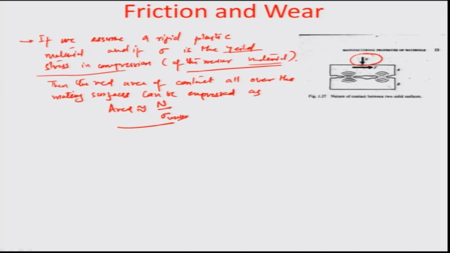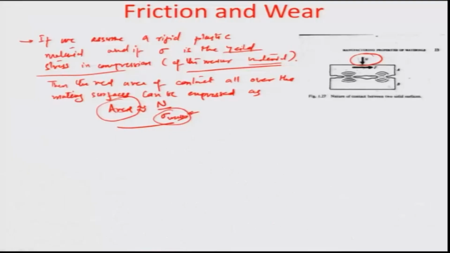That is how you can calculate or back calculate the real area at a certain instance of time. You can assume that this particular sigma is the already reached ultimate yield strength of the weaker material, assuming the weaker starts deforming first, because the harder material would deform the weaker material. And this critical limit Y has already been reached, beyond which the weaker material goes into plastic flow straight. That is how the real area can be calculated.